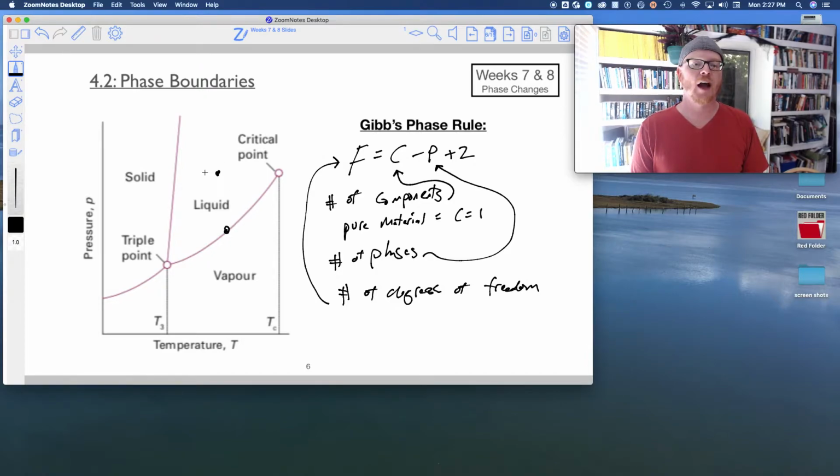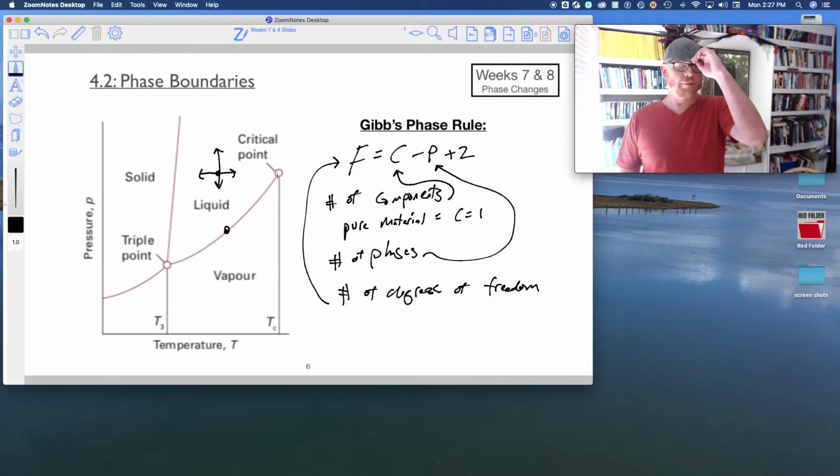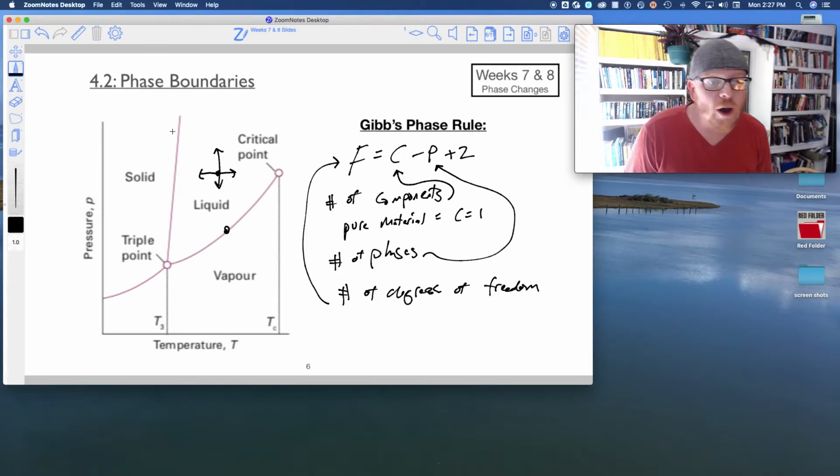I could change the temperature, which counts as 1 degree of freedom, or I could change the pressure, which counts as another. But at the triple point, you have 0 degrees of freedom. You can't change the temperature or pressure at the triple point and still maintain the triple point.